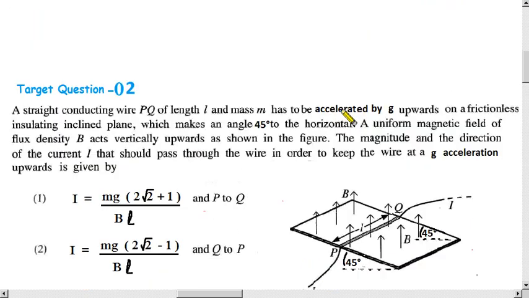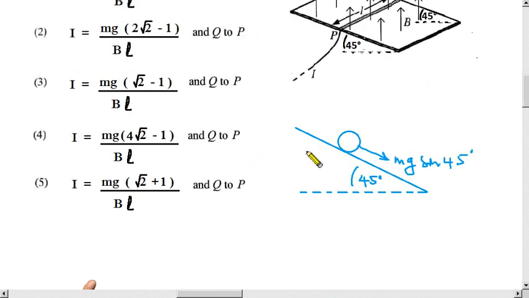What we want is to move this with an acceleration equal to g upwards, so the acceleration should be equal to g. Therefore we need a resultant force upwards. To get a resultant force upward, the magnetic force must be this way. Then only we can move it upwards along the plane.